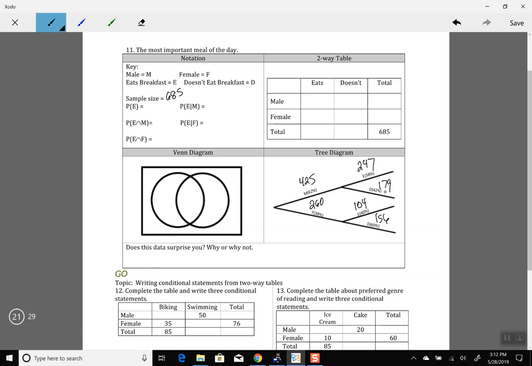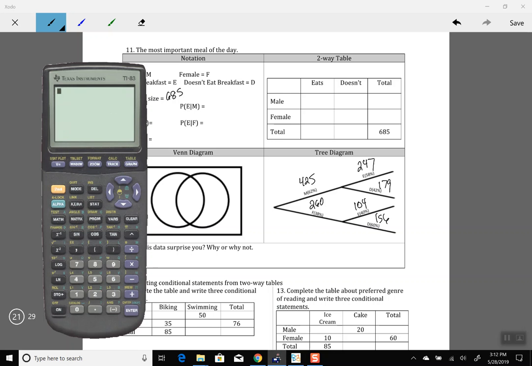Which is going to give us 1 too many. What do we miss? Did I round right? 425 times 0.58, 246.